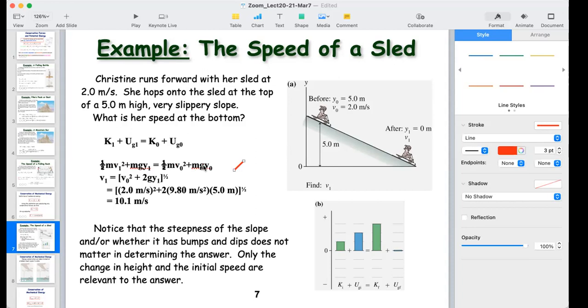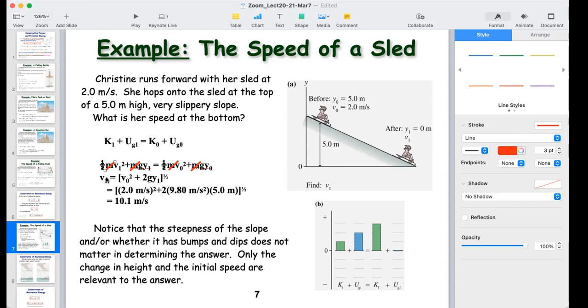Because m is everywhere, we just cross it out because we can divide both sides by m. So let me put it back. Okay, so we remove m from everywhere. So you see that it doesn't depend on the weight of Christine and the sled. It doesn't matter. And then you end up with this equation.